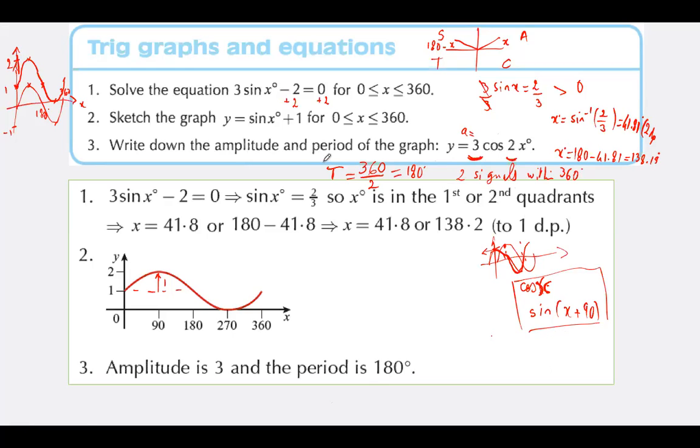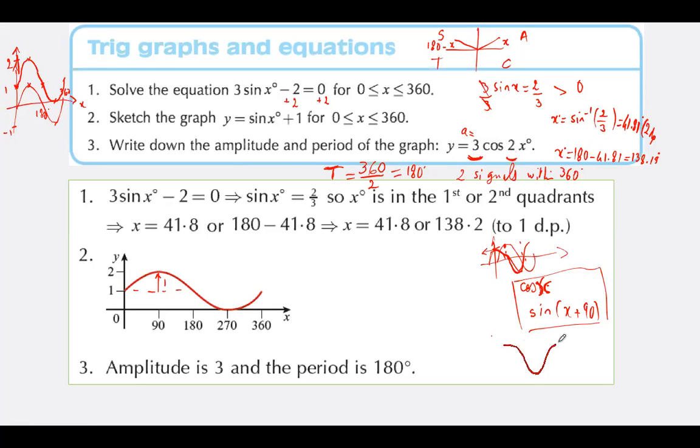Whereas when I tell someone the period is just 360 divided by that number, one day they're not going to remember what that number is. Whereas if you tell them you've got 2 of this signal within 360, it's a better picture.